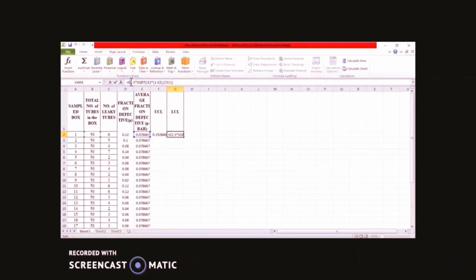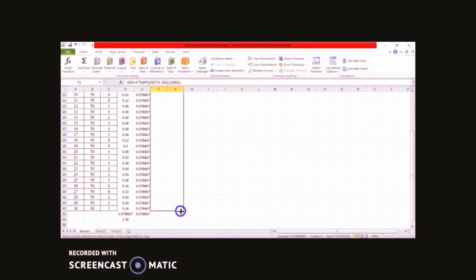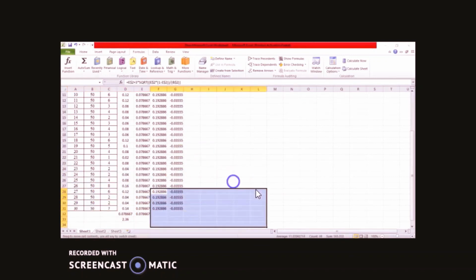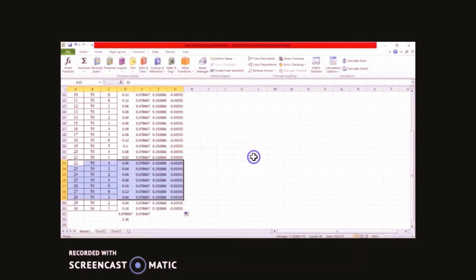So I'm going to put a dollar sign here so that we'll get a value for the rest of the samples. So very quickly, selecting these two together and then dragging the cursor down, this comes the value for your upper control and lower control limit.